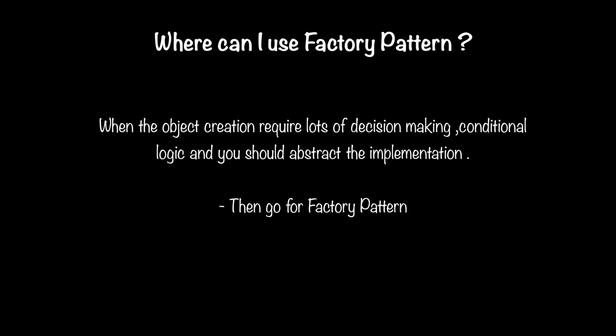The places where object creation requires a lot of decision making and conditional logic. At those places, you can separate the object creation from the main code and add a factory interface between the main code and the different kinds of products. Then at that particular place, you can definitely go for factory design pattern.